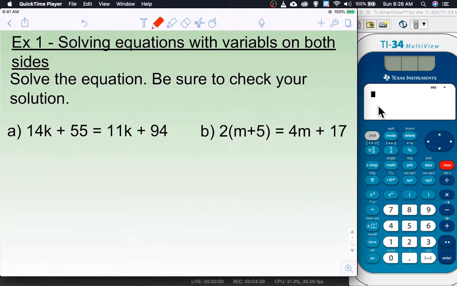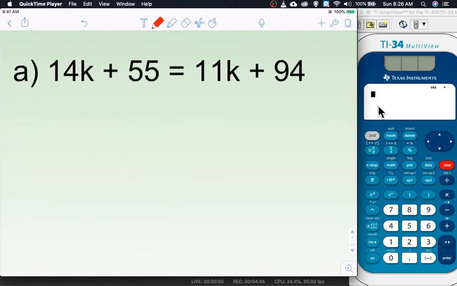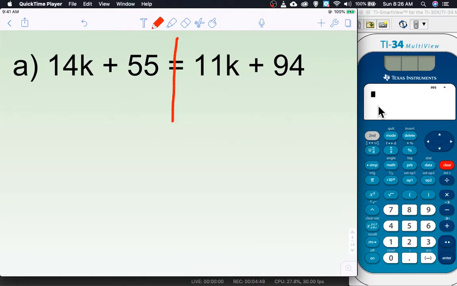You'll notice that these equations are a bit bigger, a bit uglier. There's more stuff. So if we look at example A here, if you're a fan of the line down the equal sign, you can do that. So I'm going through those 5 steps in my head, and you can refer back to them if you need to. First step was get rid of parentheses. There are none. Second step is combine like terms on each side.